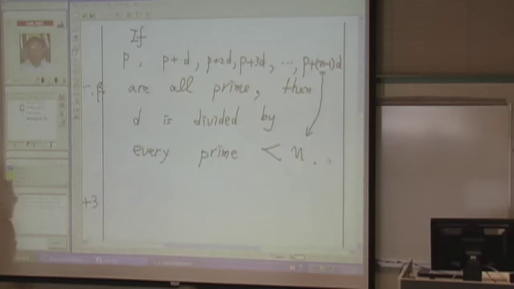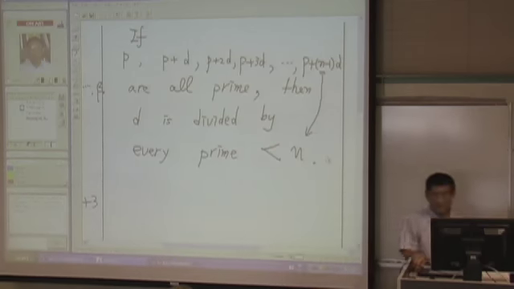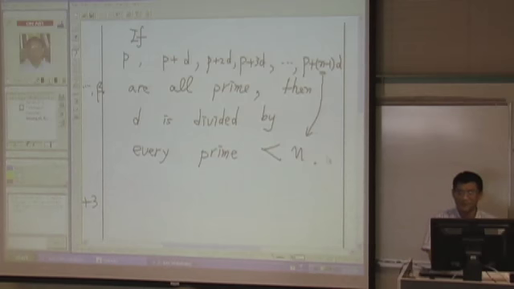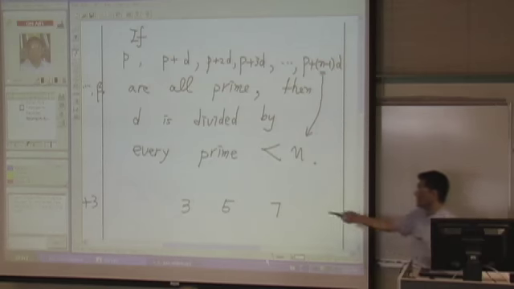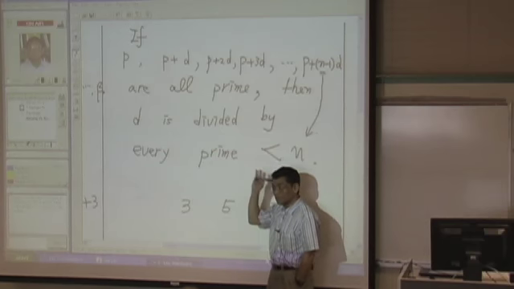So you may find any arithmetic progression having this pattern. What do you want? For instance, 3, 5, and then 7. Then how many numbers can you find in this arithmetic progression? 3 numbers you can find, right?